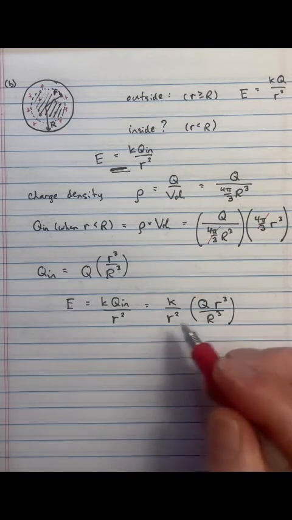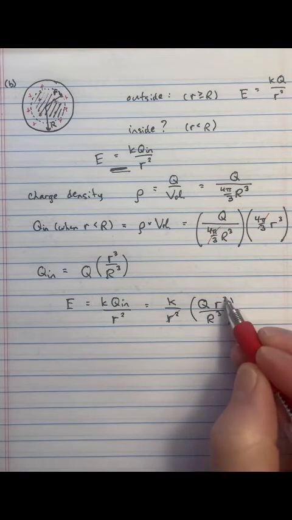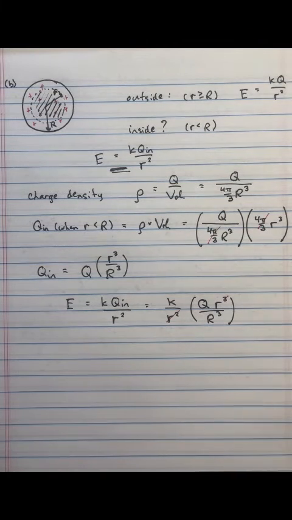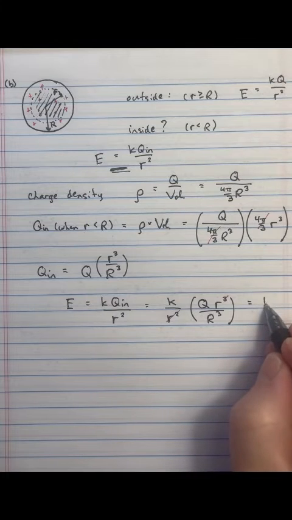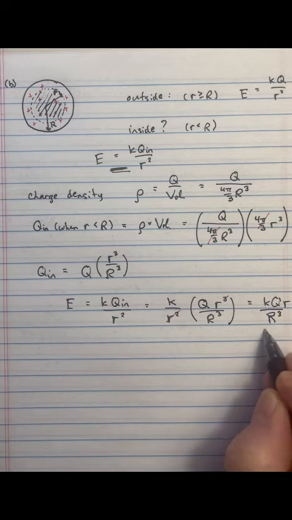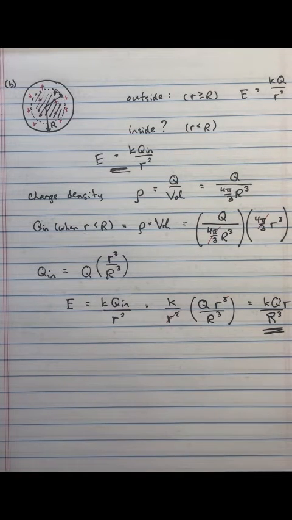And now you can see a couple things happen. R squared here cancels out 2 of the r's here. We do have 1 r left over, by the way. And so we'll have a K capital Q r over capital R cubed on bottom like that. And that's our mathematical solution.